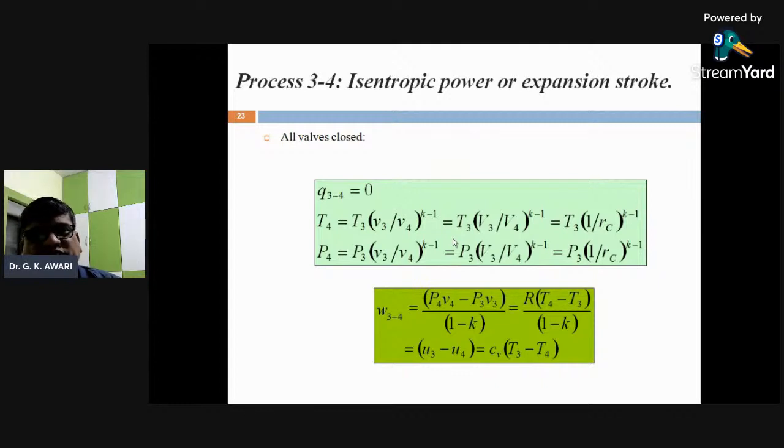The work done in the isentropic power or expansion stroke, W34, is equal to (P4V4 minus P3V3) divided by (1 minus K), which is R times (T4 minus T3) divided by (1 minus K), where this W34 is equal to U3 minus U4, which is equal to CV times (T3 minus T4).